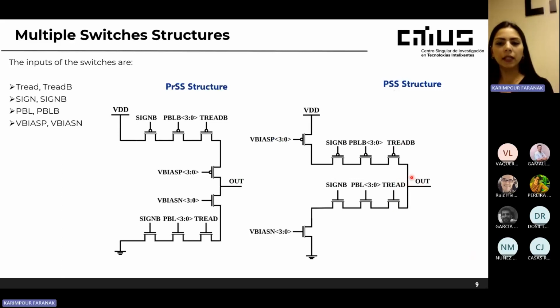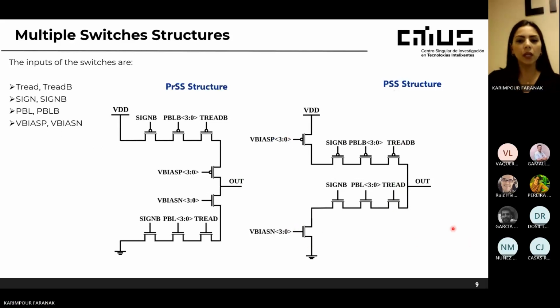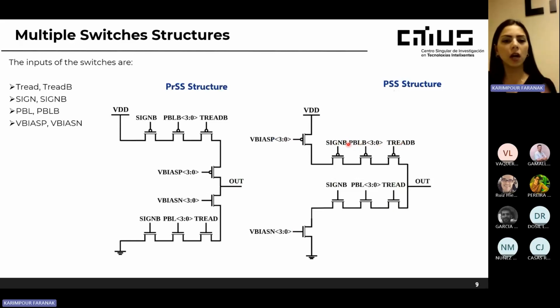Our circuit schematic employs 3 PMOS transistors in the upper branch and 3 NMOS transistors in the lower branch, for both the PRSS and PSS structures, again before or after the single transistor current source. The signals at the gate terminals of these transistors are connected to the sign, which indicates positive or negative weights, the P-bit line stored in an SRAM, and the T-read as an input value.